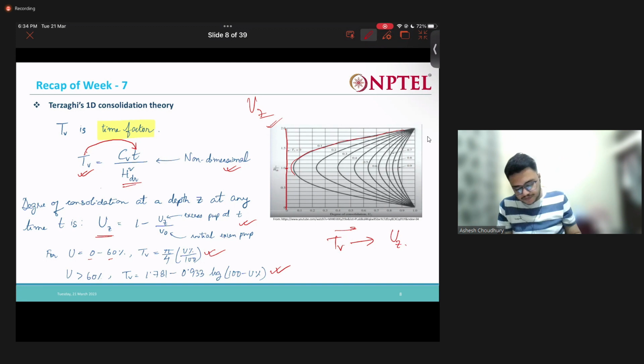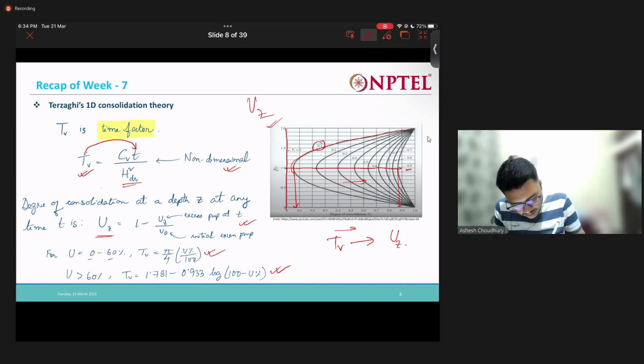If the time factor is 0.1, it means just at the start of the consolidation process. As we go in this direction, as time increases, my time factor is also increasing. Say here it's 0.9. In this curve you can see the degree of consolidation is very high. But say we choose the mid height.